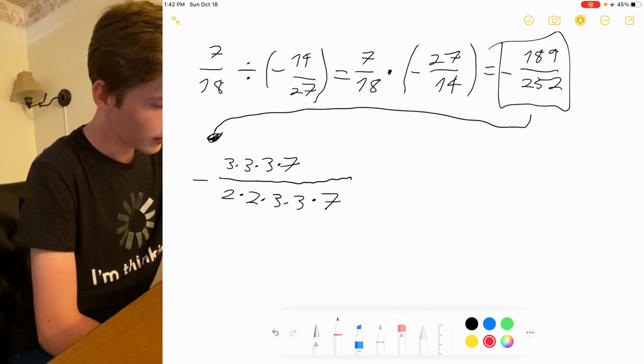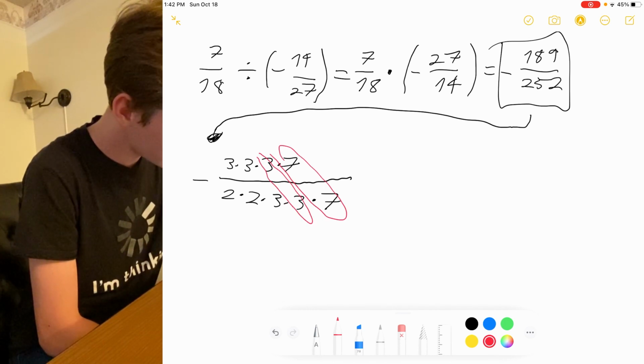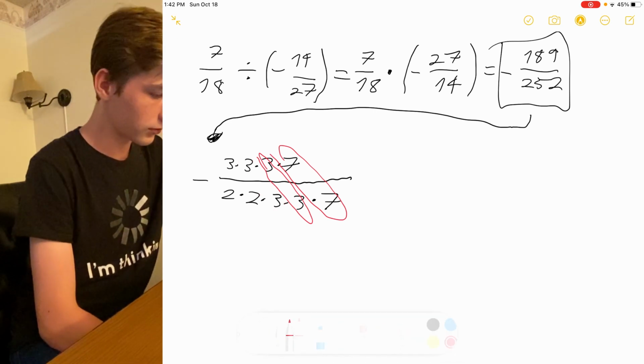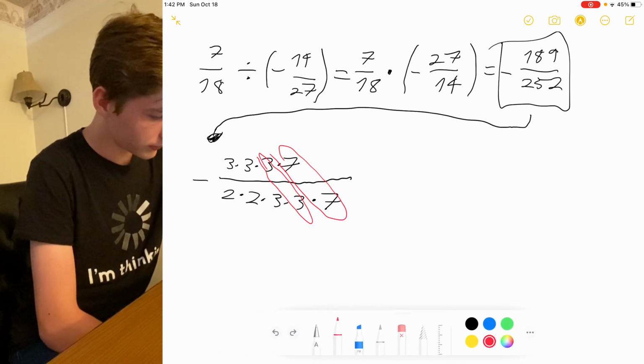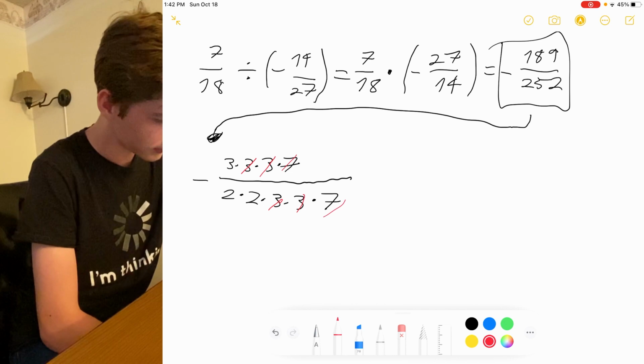So now we identify the common factors. So we have a common factor of 7 here and 2 common factors of 3, right? So all of those are going to be canceled out, right? So 3, 3, and 7 and 7.